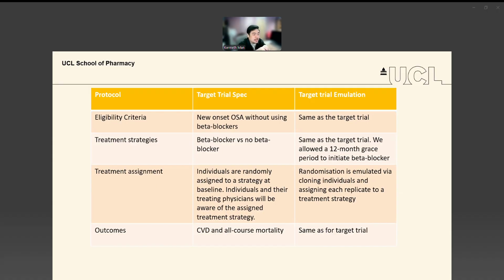For those who do not have a prescription for beta blockers, we simply assume they were not using beta blockers accordingly. Randomization is emulated by cloning the individuals with the clone-censor-weight approach, and assigning each replicate to the treatment strategies. The way of identifying outcomes is the same. We identify the cardiovascular disease and mortality events in the observational data. So that's the first 4 elements.